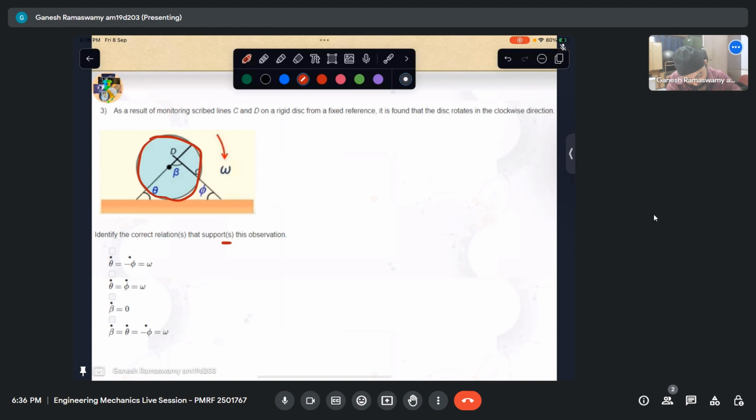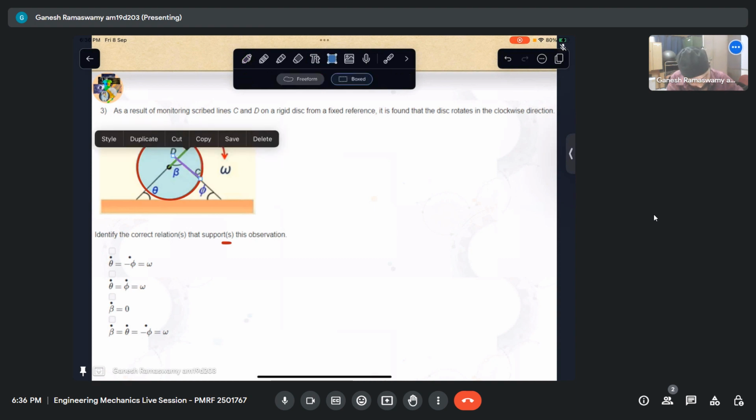Okay. So first let us replicate this. I have a disk like that. I have the line D like that. And then I have another line drawn like that.